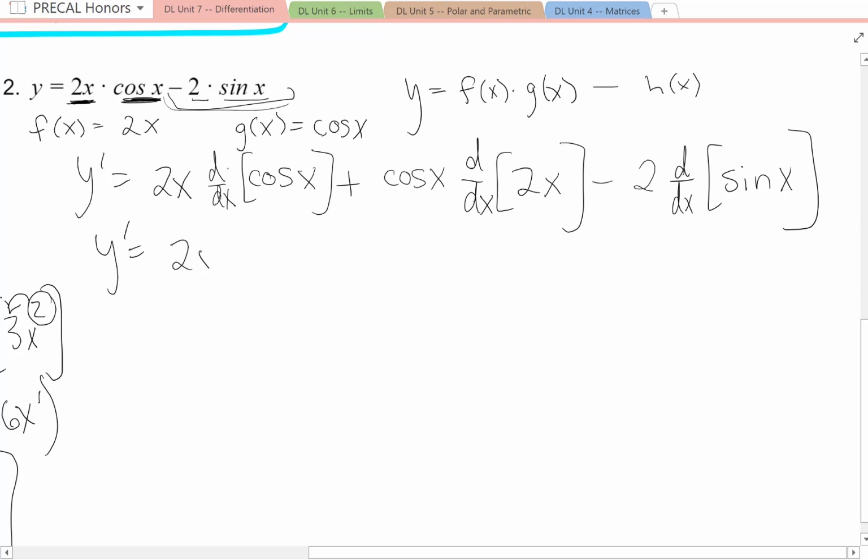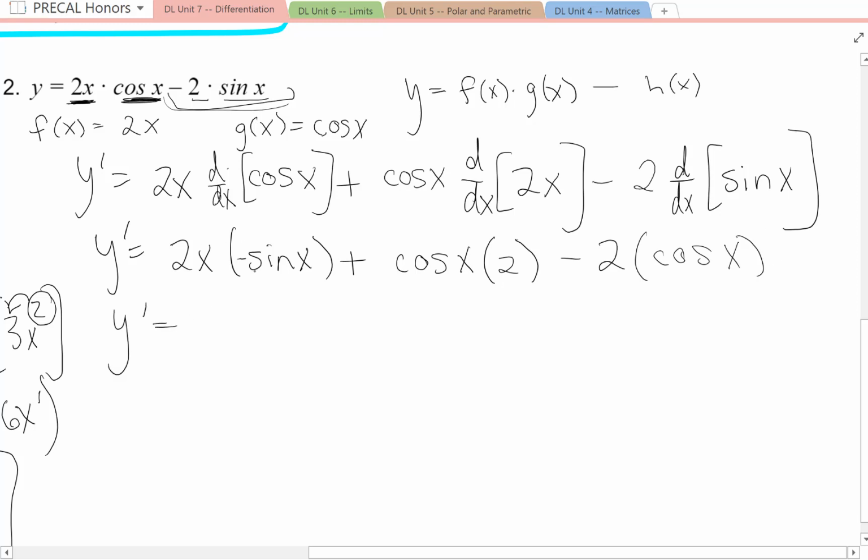Y prime is equal to 2x times the derivative of cosine x, which is negative sine x, plus cosine x times the derivative of 2x. Well, the derivative of x is 1, so 2 times 1 is 2, minus 2 times the derivative of sine x, which is cosine x.